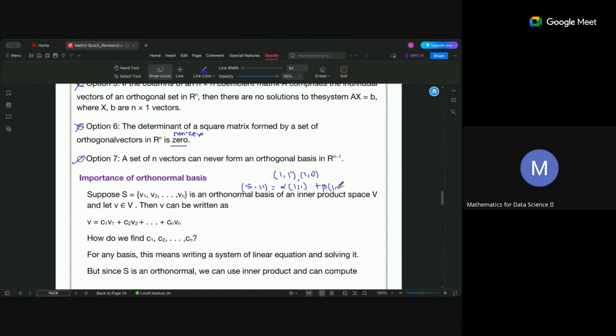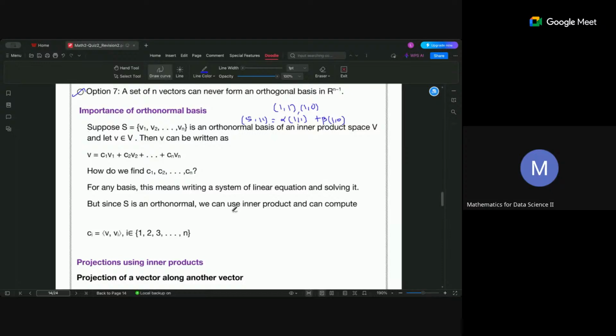How will you find alpha and beta in this case? You solve the system of linear equations. But whenever you have an orthonormal basis, you don't have to solve any system of linear equations. The coefficients are straight away found using the inner product: the coefficient of v1 is the inner product of v with v1, the second is v with v2, and so on. That is the advantage of having an orthonormal basis.